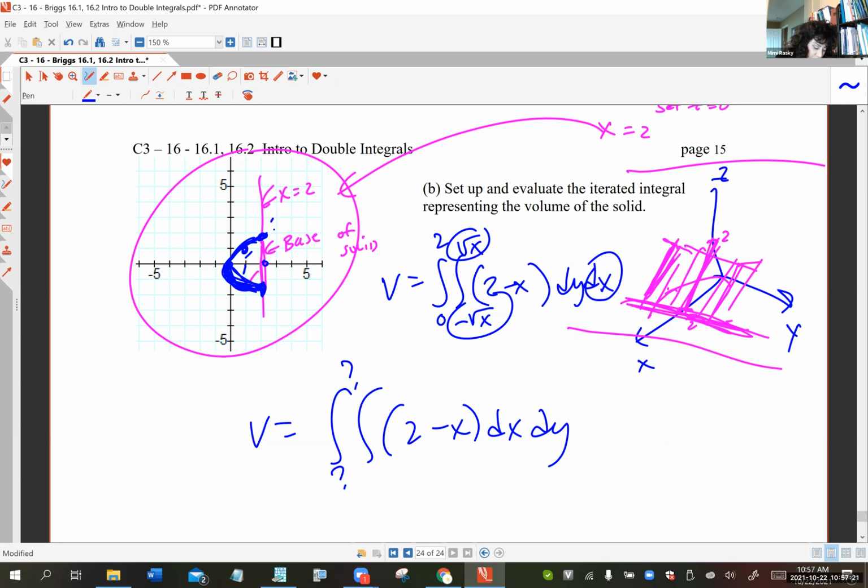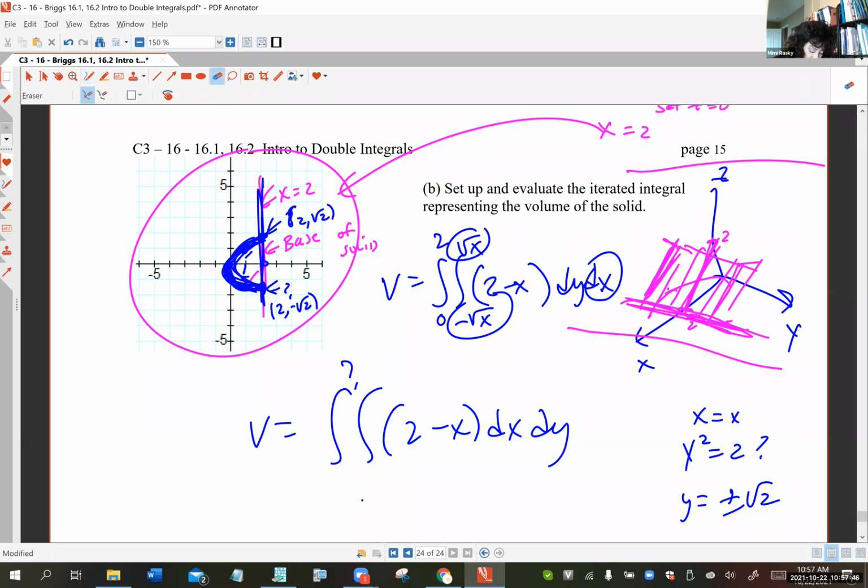The question is, what are the intersection points between x equals 2 and x equals y squared? Set x equal to x. When does y squared equal 2? Well, y is going to be plus or minus the square root of 2. So those intersection points have y coordinates of negative and positive square root of 2. I know, weird.